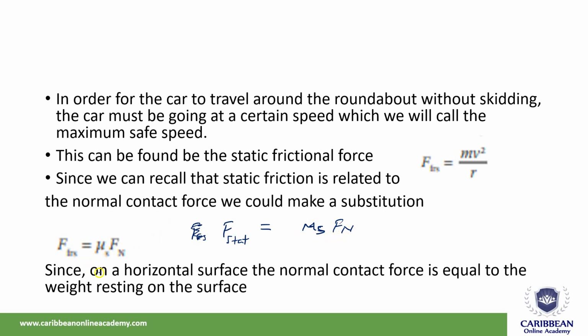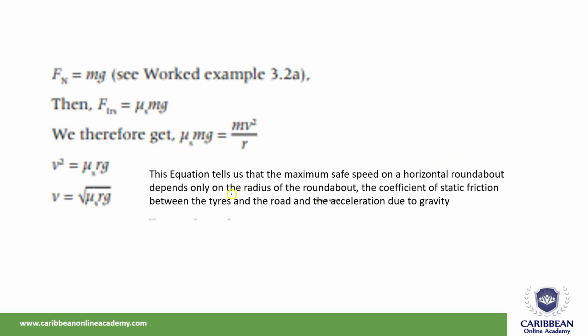Now since on a horizontal surface the normal reaction force is equal to the weight resting on the surface, F stat, your static frictional force, is equal to mu S times mg. So if we consider the overall centripetal force, then mu S times mg is equal to mv squared divided by r.